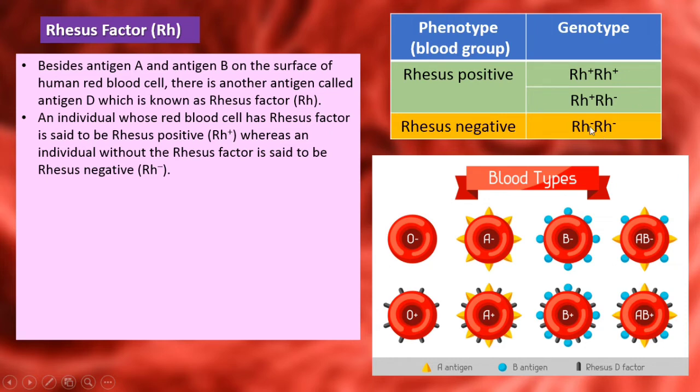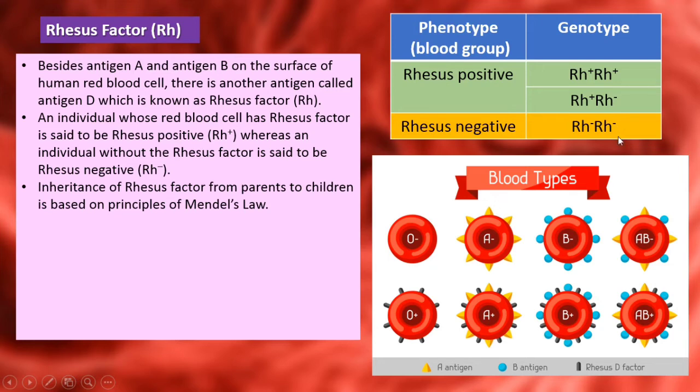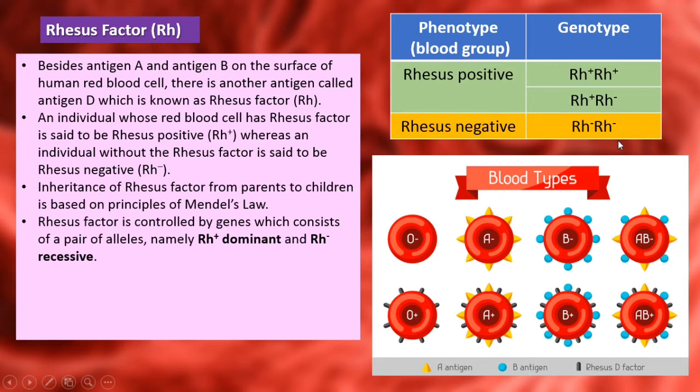So inheritance of Rhesus factor from the parent to the children is based on the principle of Mendel's law. Rhesus factor is controlled by genes that consist of a pair of alleles, namely Rhesus positive is dominant, Rhesus negative is recessive.